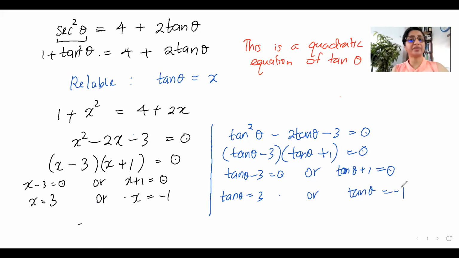So if you did the relabeling, you have to now bring back the tan theta. You have to say, what is my x? X is tan theta. So tan theta equals 3 or tan theta equals minus 1. So you are coming to the same step.